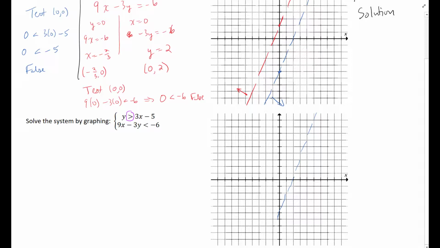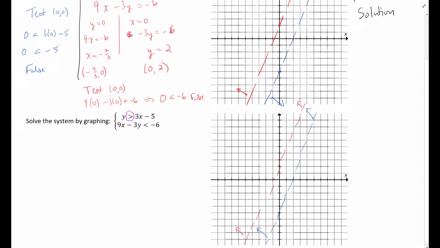And so now, instead, we'd be shading above that line. And my red inequality, through negative 2/3, 0, and 0, 2, would look roughly like this. And we would again be shading above that line, because that one didn't change.